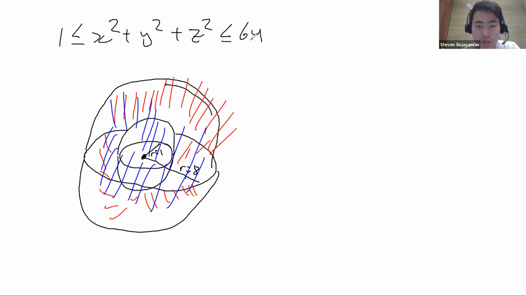And as you can see, the only volume that intersects between the two different inequalities is going to be, let me erase this. Oh, give me a minute.